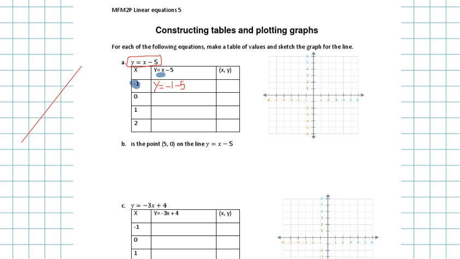I replaced that x with a -1. Are we okay with that? So what's -1 minus 5? It's -6. So you see right here that my x is -1 and my y is -6. So my point is -1, -6.